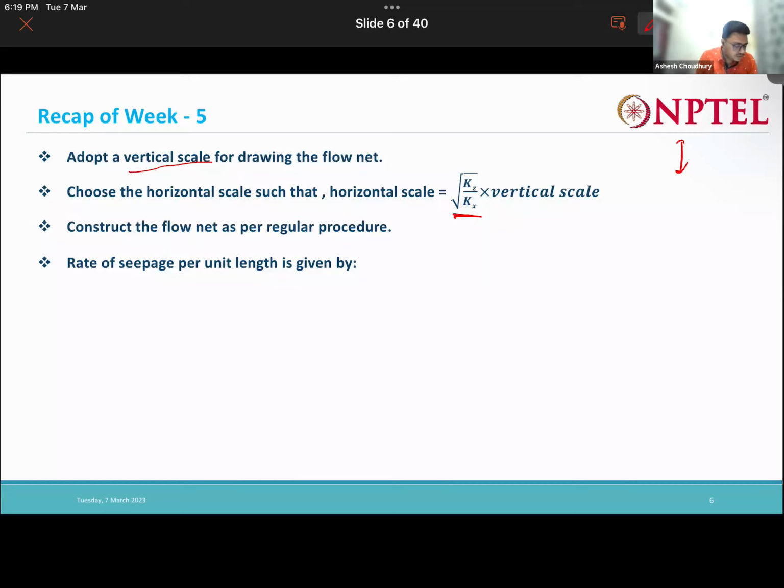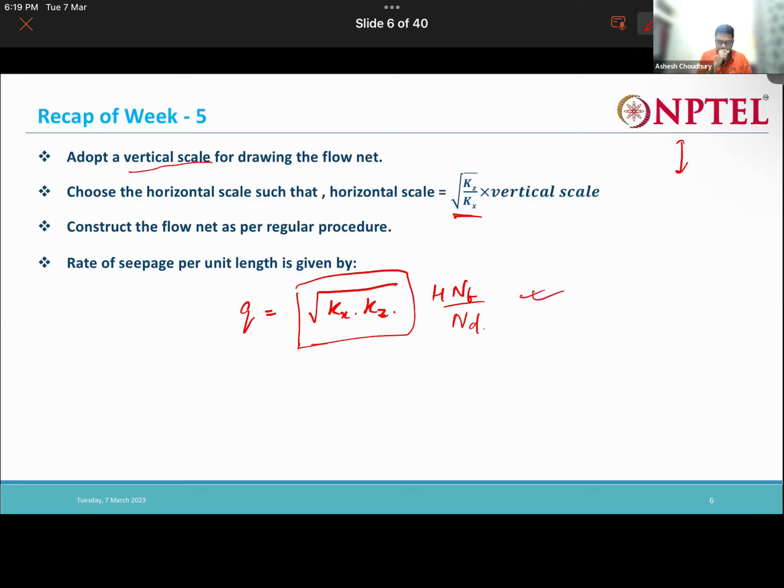After drawing the flow net, the rate of seepage in this case will be given by q equal to root over kx into kz times the flow net ratio. Before, there was only a single k, but now our new flow will be given by this equation.